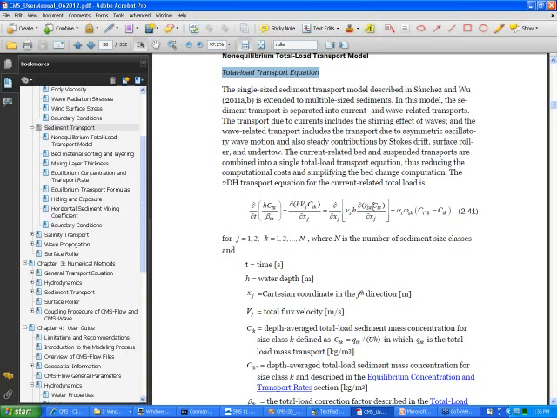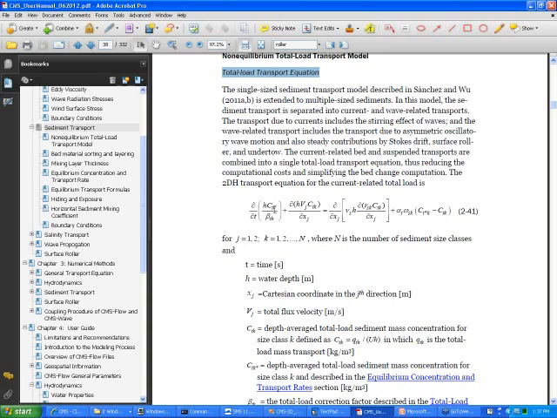And then this term here is a source and sink term, and we use the adaptation concept for the source and sink term, which says that the erosion and deposition is proportional to the difference of the concentration capacity and the actual local concentration. And as you can see, C has subscript tk, where t stands for total load, and k is the fraction, the size class.